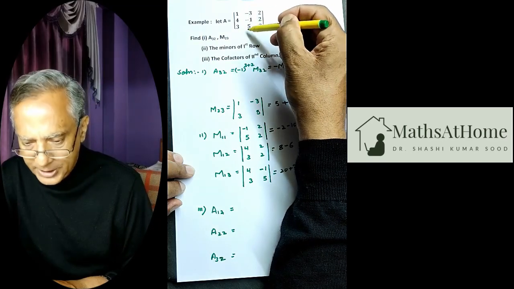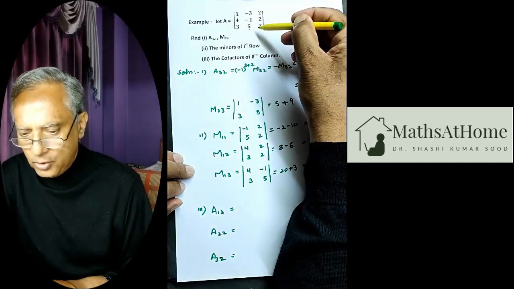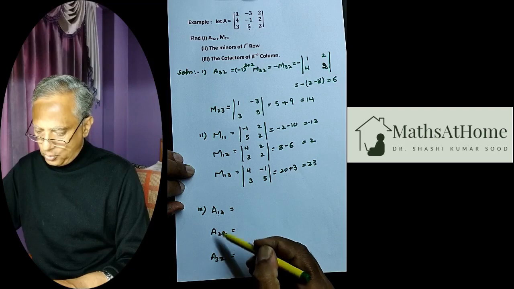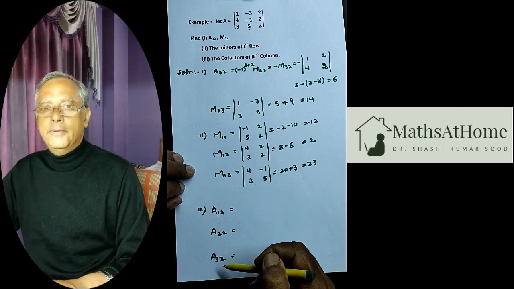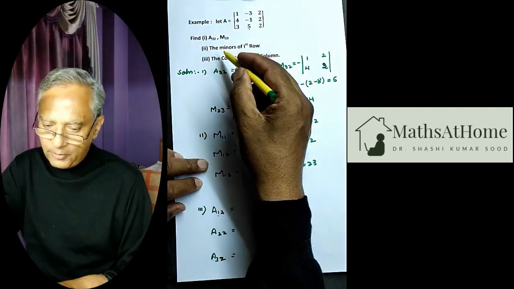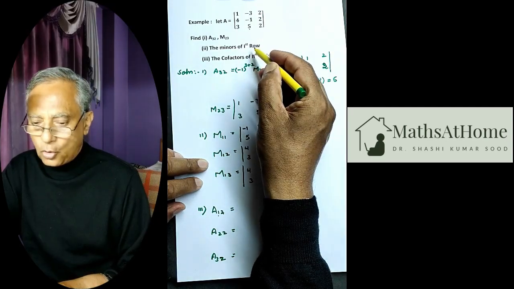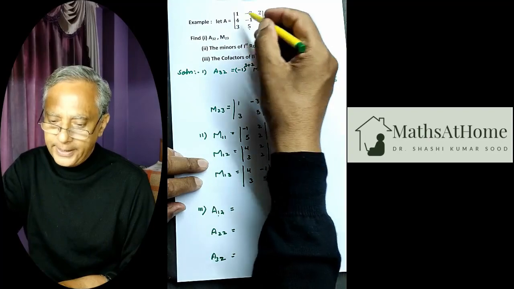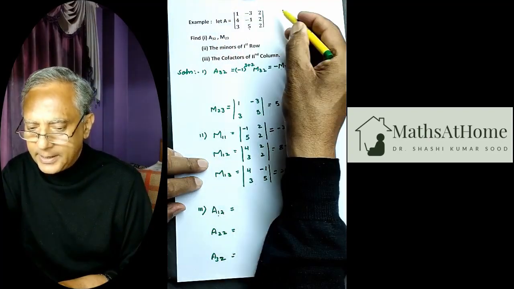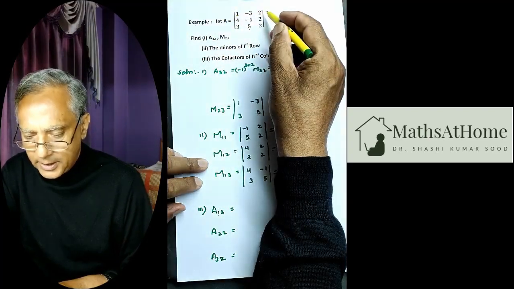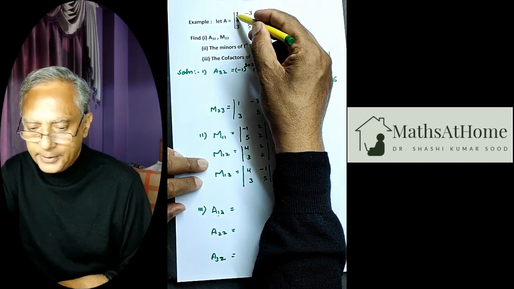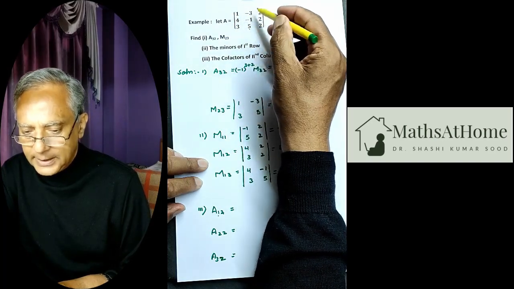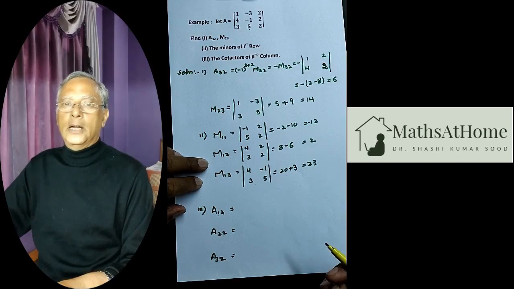In the case of the minors of the first row, the row was fixed and the column was varying. These are the entries of the first row: this entry is in the first column, this in the second column, this in the third column.